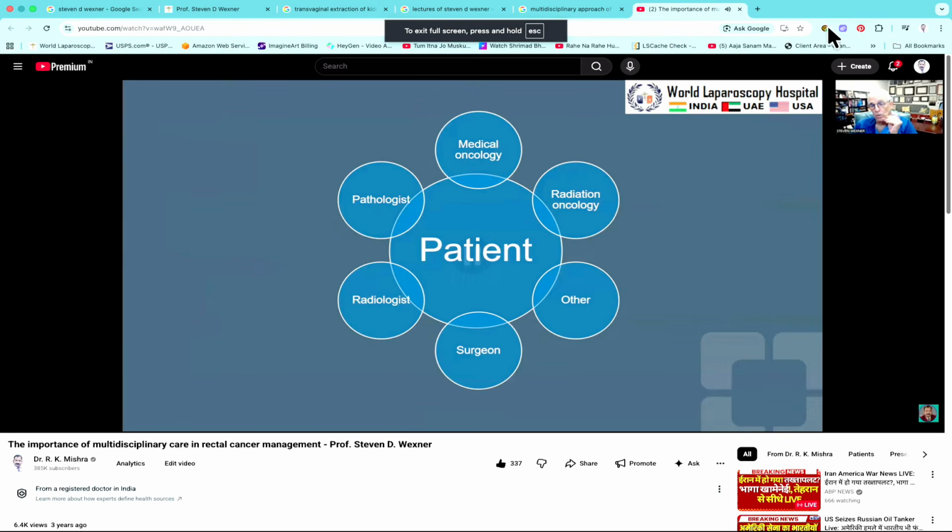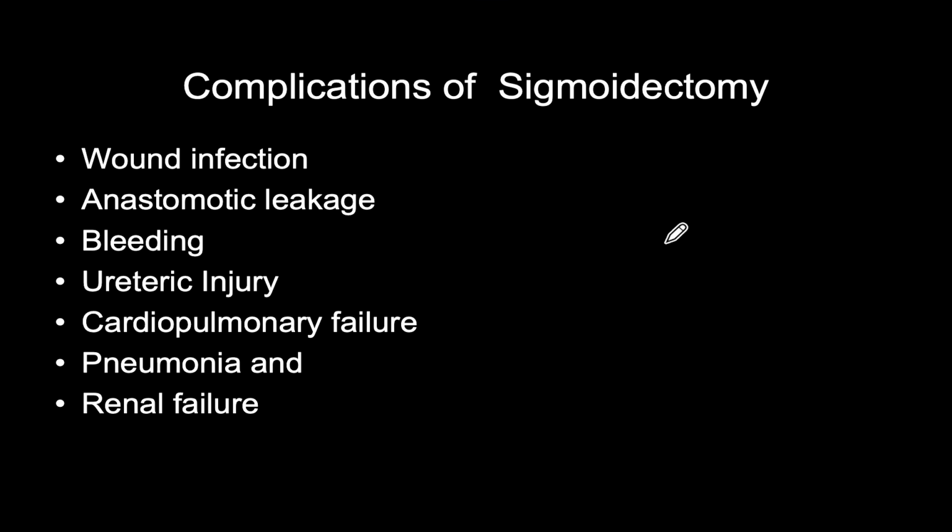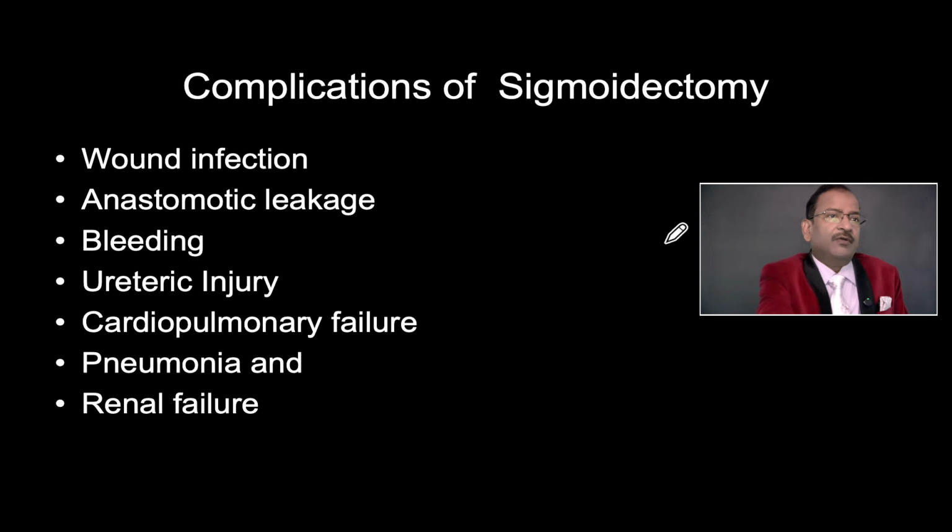So this is important: colorectal surgery is a completely different subspecialty. If you want to become a colorectal surgeon, then you have to dedicate yourself and focus in the department of colorectal. It is not like we are doing cholecystectomy, hernia and bariatric surgery and then becoming colorectal surgeons together, not possible.